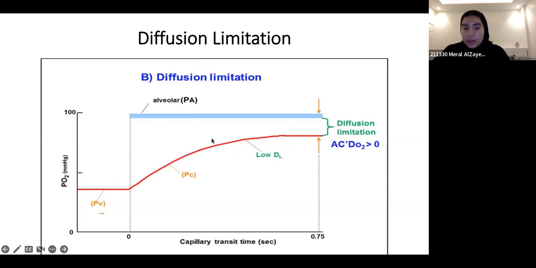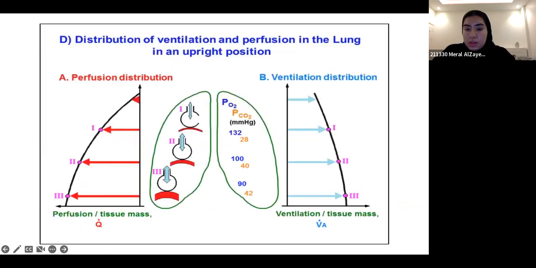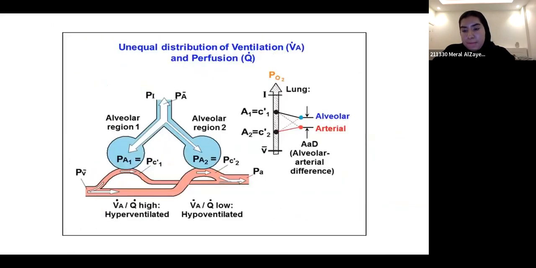Remember how we said that the arterial partial pressure needs to reach the alveolar partial pressure for us to not have hypoxemia? However, as you can see, these dots don't equal each other. The arterial partial pressure is lower than the alveolar partial pressure. Therefore, in this specific case, we will have hypoxemia.